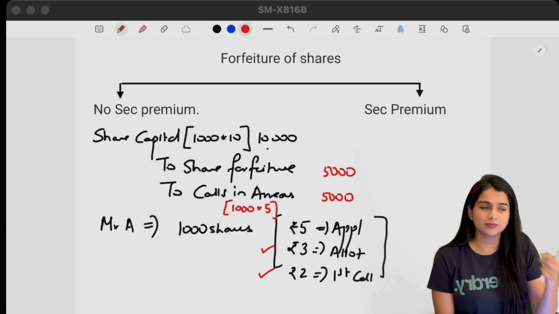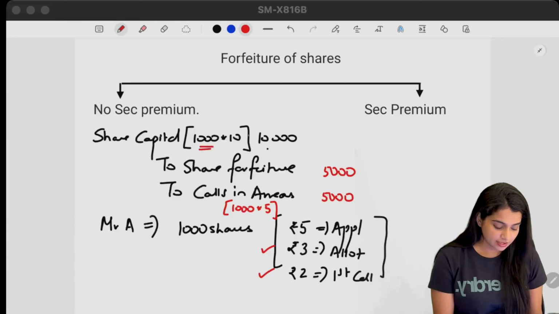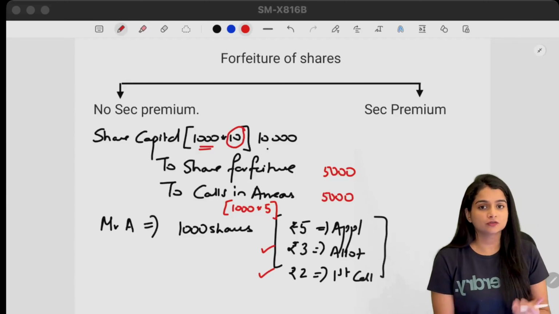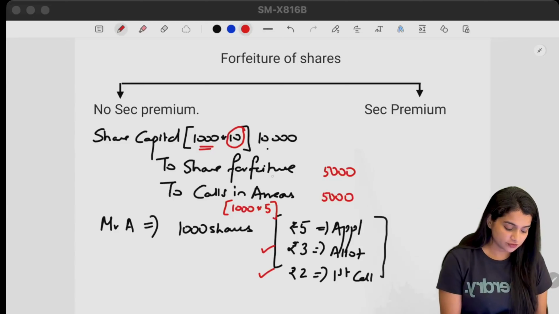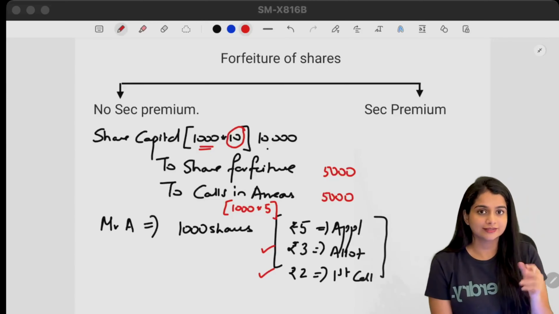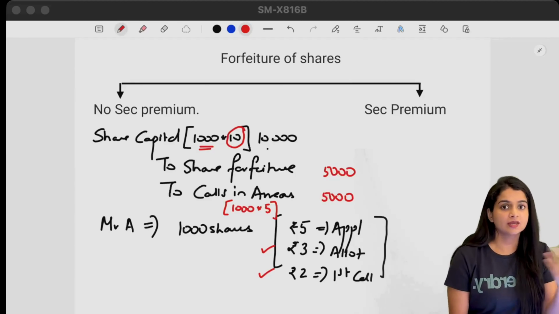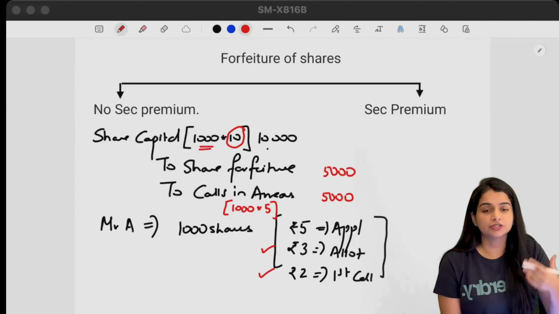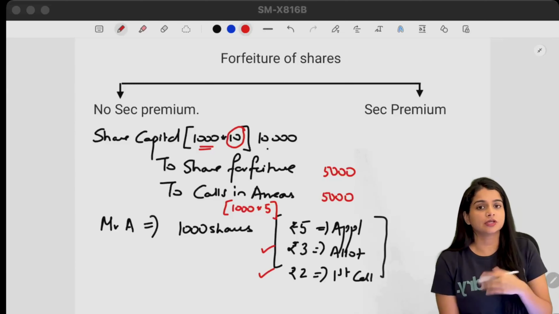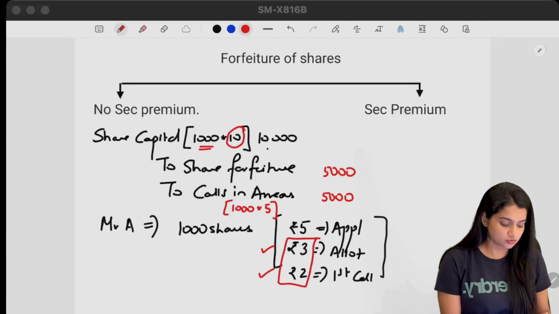So to repeat, to make a hack for you, share capital is the number of shares into the value of the share. Value of the share means how much the company has asked for those shares until today. Next, share forfeiture means the amount that the person has paid, so 1000 into 5, 5000. And the last one is calls in arrears, which is the pending amount, the default amount, which is 1000 into 5. How did I get 5? Basically 3 plus 2.